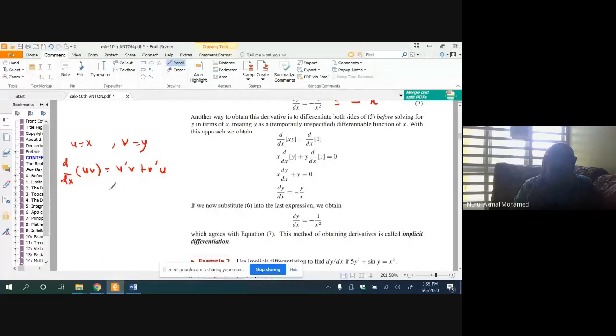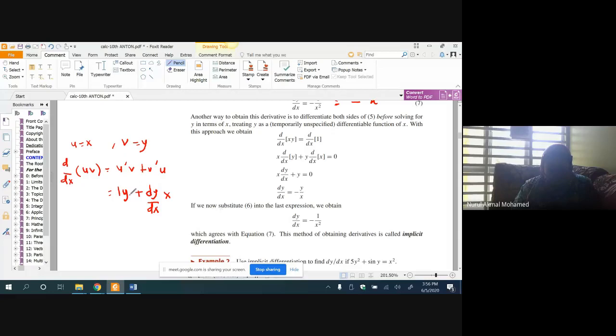You will get 1, and then you copy v, which is equal to y. So 1 multiplied with y, plus v prime. You differentiate y with respect to x, so you have to copy dy/dx. And then for u, you just copy x, since u is equal to x.